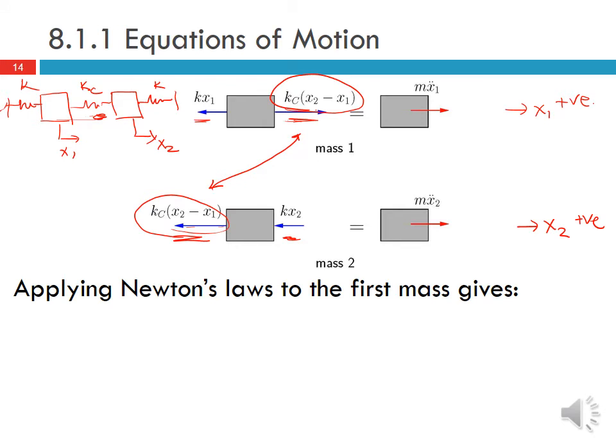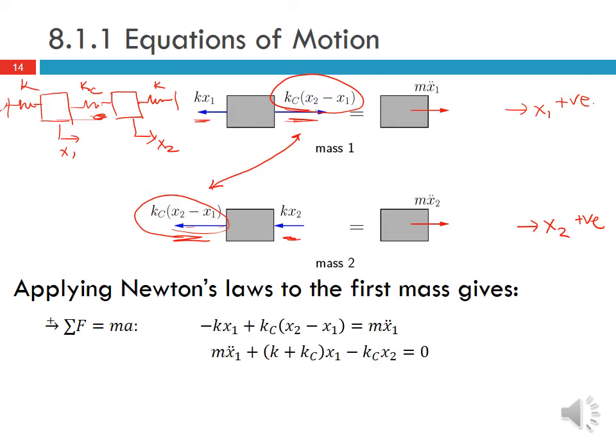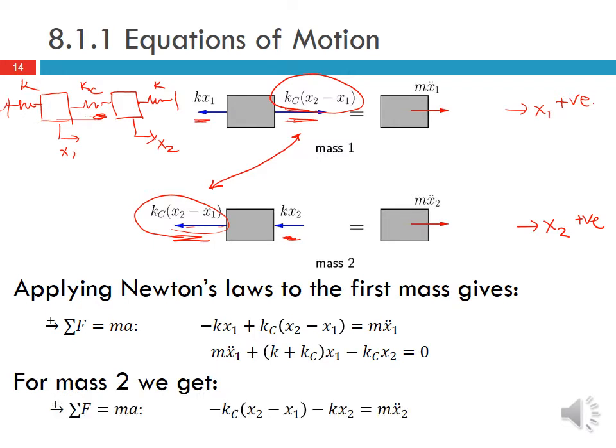So applying Newton's laws to the first mass gives sum of forces equals ma. We've got minus k x1 plus kc (x2 minus x1) is equal to m x1 double dot, which we can rearrange as shown here. And for mass 2, we get sum of forces equals ma.